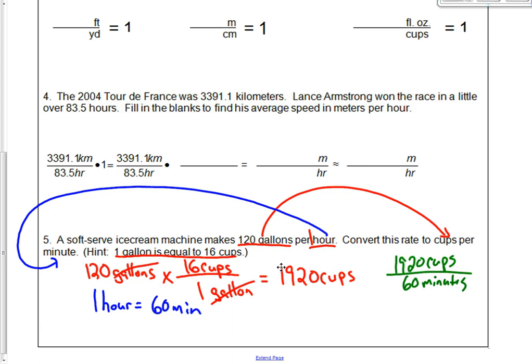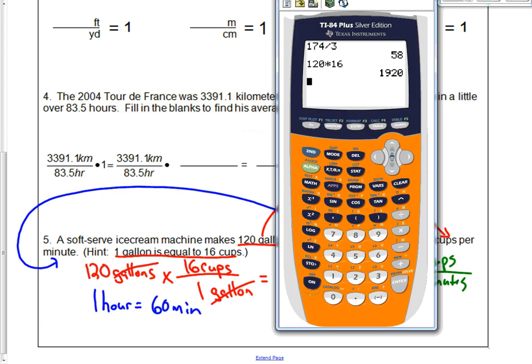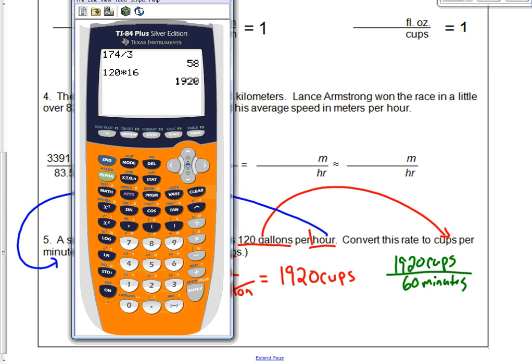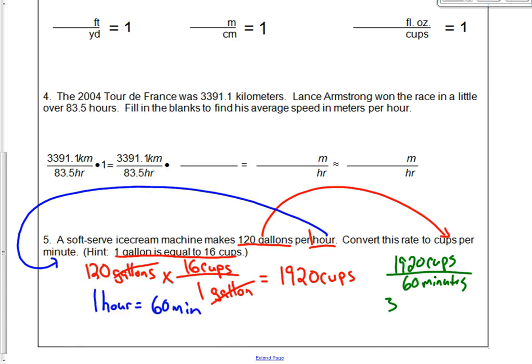Okay, and then just throw it in your calculator. Easy. 1,920 divided by 60, all right, equals 32. So this would be 32, keep your units, cups per minute or per 1 minute. And there we go. Okay, that's how you do a basic unit conversion.